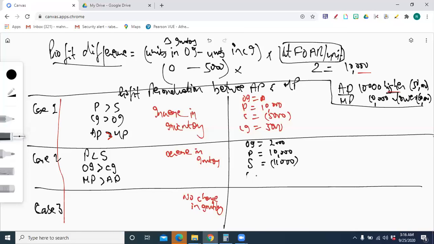What is my closing inventory then? 12,000 minus 11,000, 1,000. So there's a decrease in the inventory level. Here it was from 0 to 5,000, an increase in inventory. So the change in inventory creates the difference.